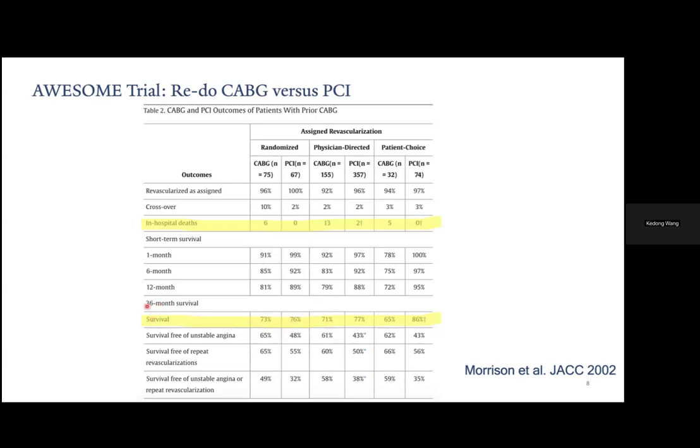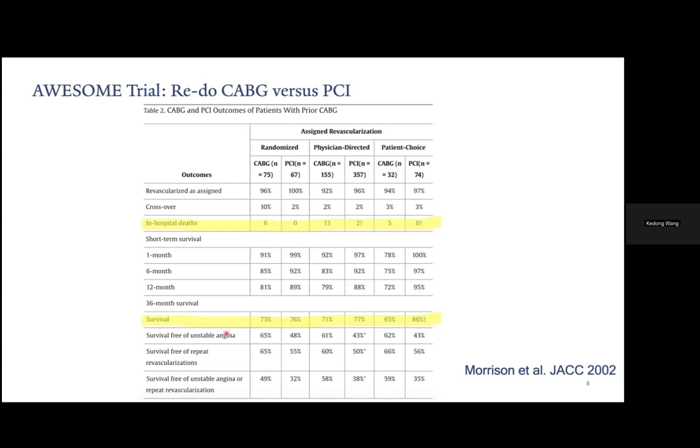At 36 months, 73% had survived in the CABG group and 76% in the PCI group. And then in the physician group, the same thing here, 71% in the CABG group, 77% in the PCI group. What's interesting is that in the patient choice group, there was actually a lower chance of survival for those who chose CABG over PCI. And I don't know if there's a good explanation for that, to be honest.